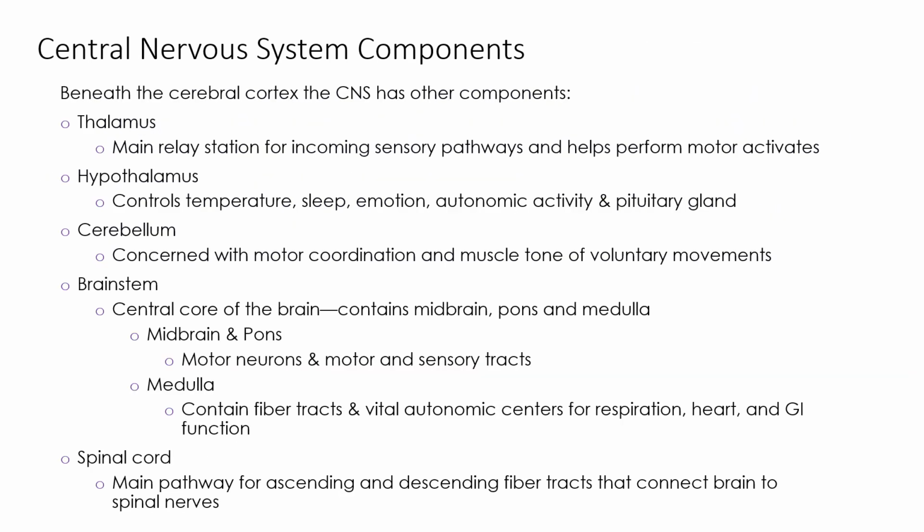This slide is just going over some more components of the anatomy of the central nervous system. The thalamus is the main relay station for incoming sensory pathways. It helps perform motor activities.